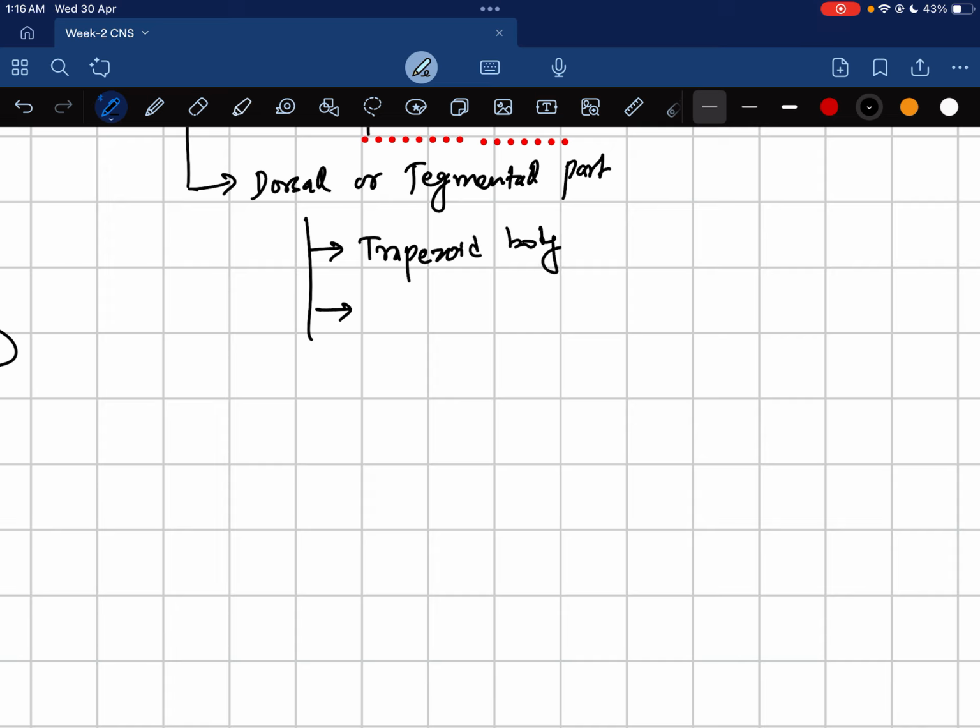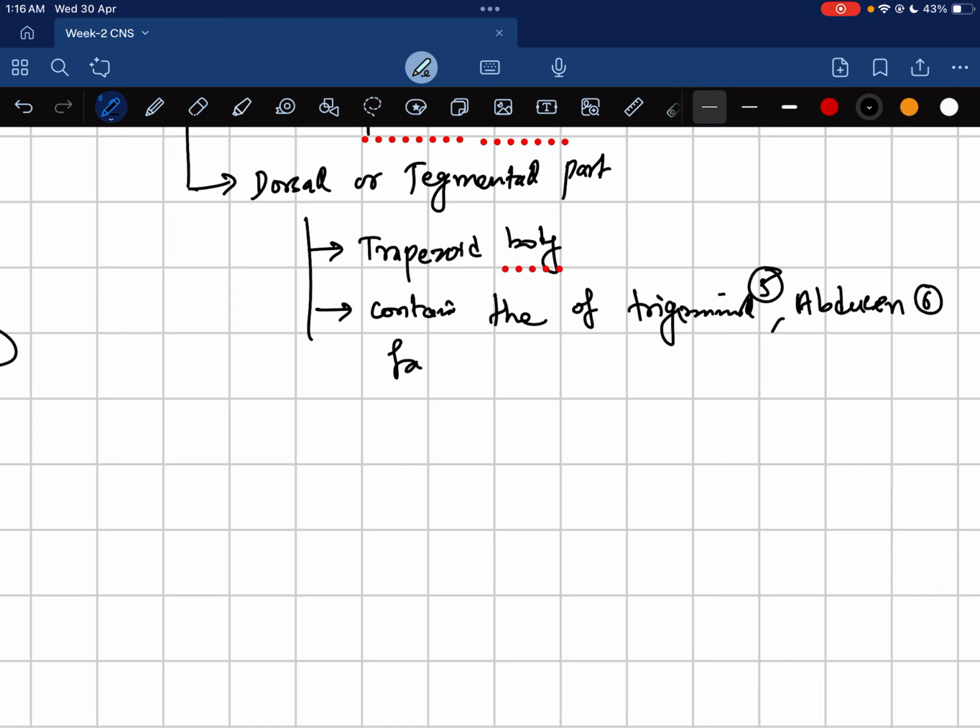Then it contains the nuclei of the abducent, sixth; trigeminal, 5; facial, 7; and vestibulocochlear, 8 cranial nerves.